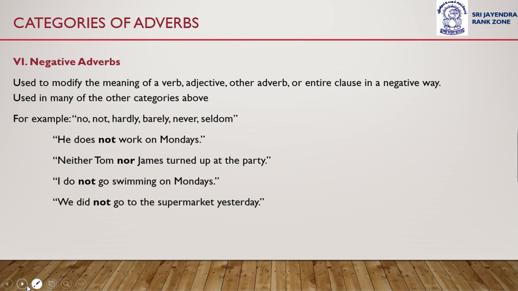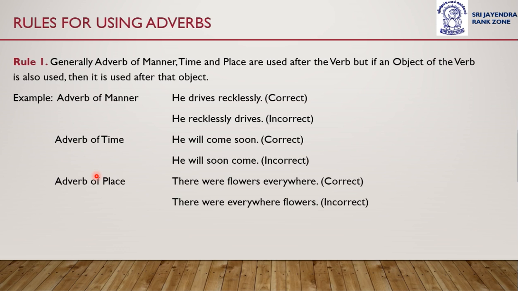Let's move forward and try to understand various rules that we must follow in order to form grammatically correct sentences. Alright? So, the rules for using adverbs are: rule number one, generally, adverbs of manner, time, and place are used after the verb.